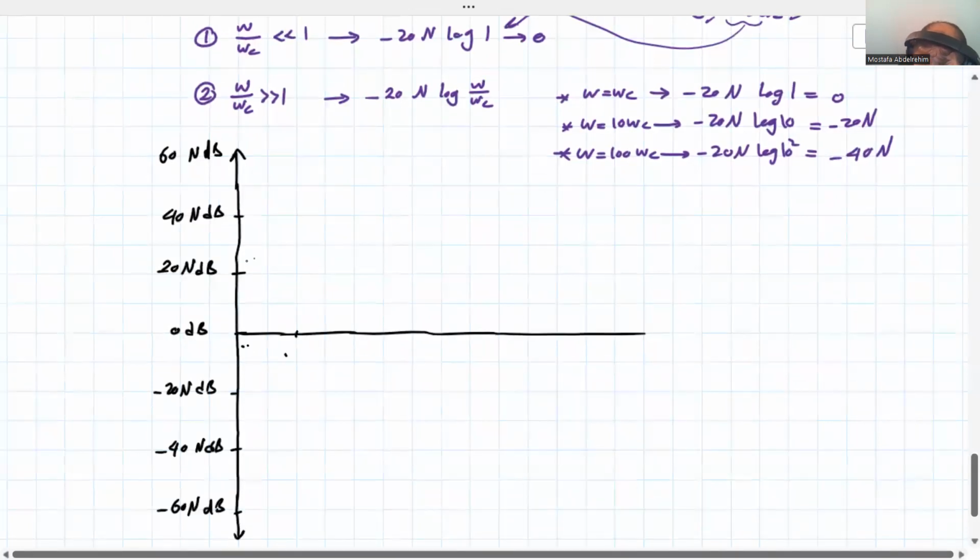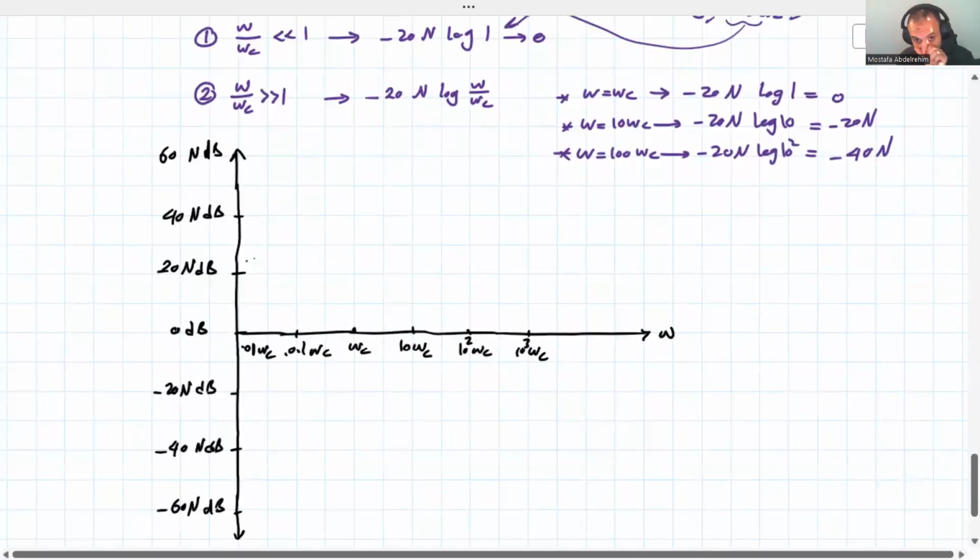Let's have here 0.01 omega c, 0.1 omega c, omega c, 10 omega c, 100 omega c, 1000 omega c, and so on.